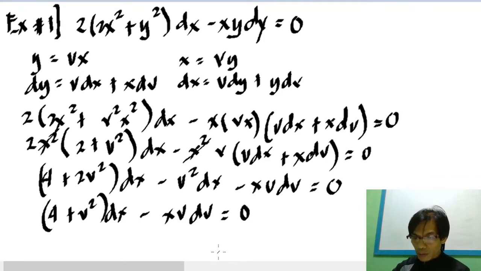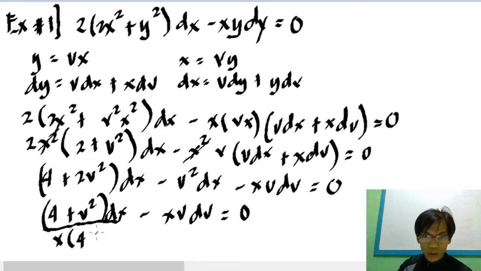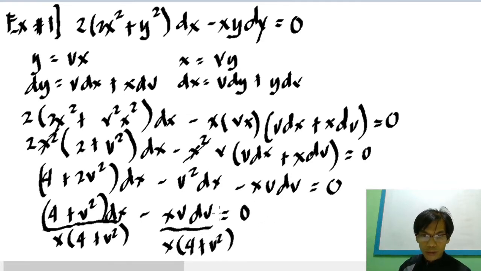How do we do the separation of variables? Let's divide. We try to divide x and then 4 plus v squared, and then x times 4 plus v squared on all sides. So notice x and x are eliminated, and this part, that is 4 plus v squared, is eliminated.